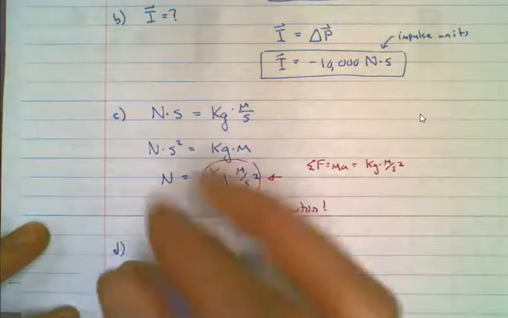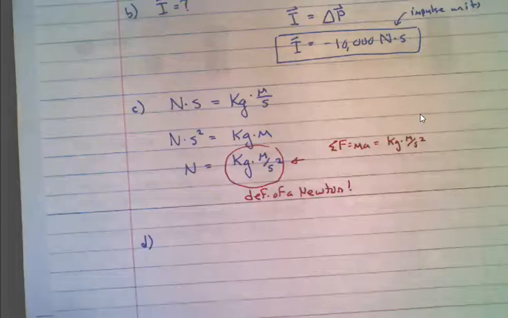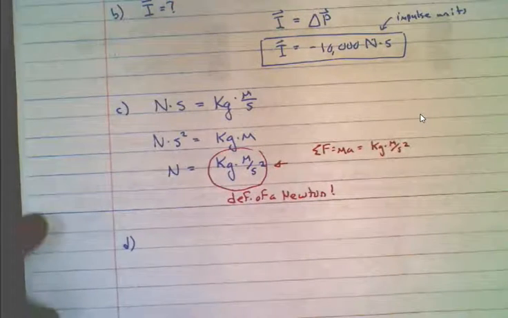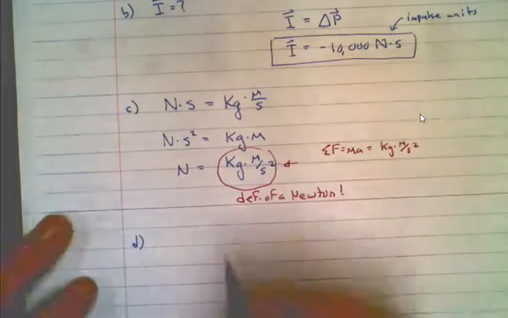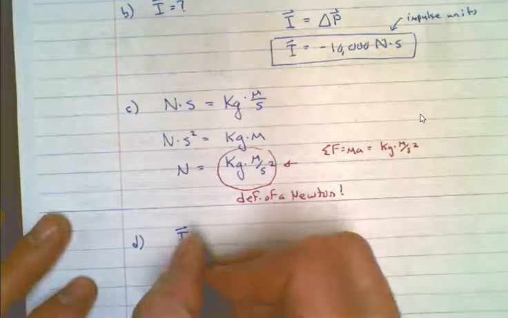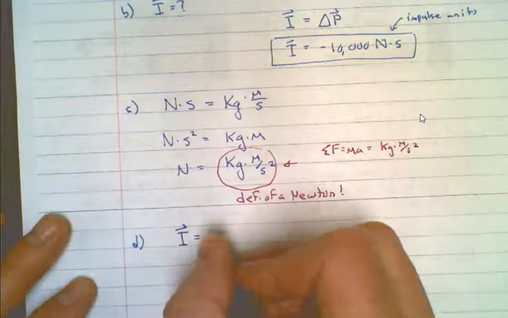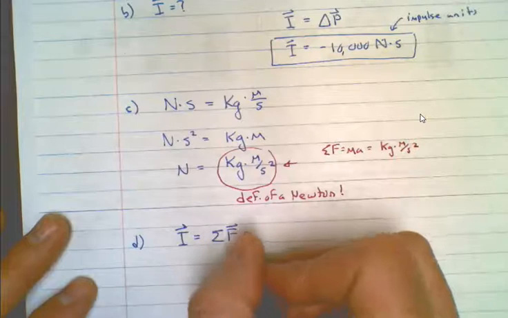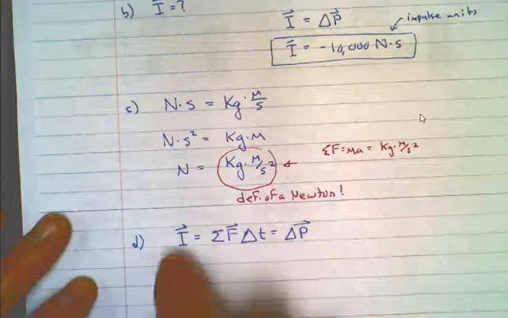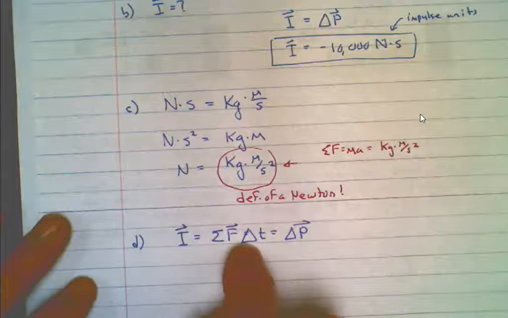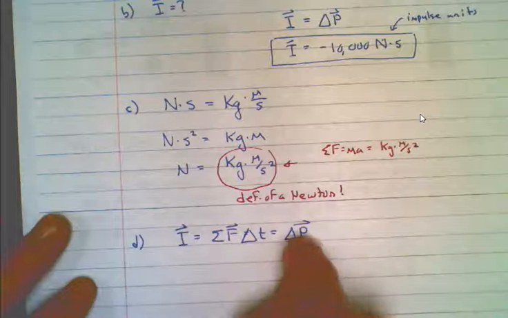Okay, part D. Calculate the average net force during this collision, or this interaction of the car with the dirt road. So all we need to figure out is the average net force. Well, we go to our equation. It's a vector. Impulse is the average net force times the time, which equals the change in momentum.